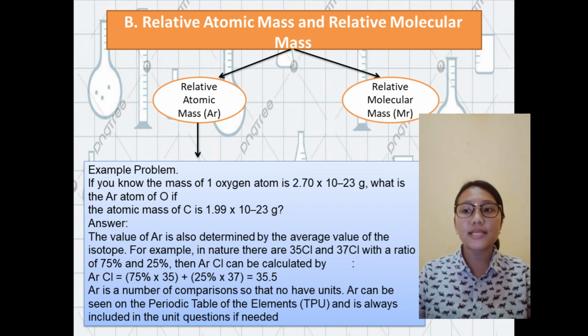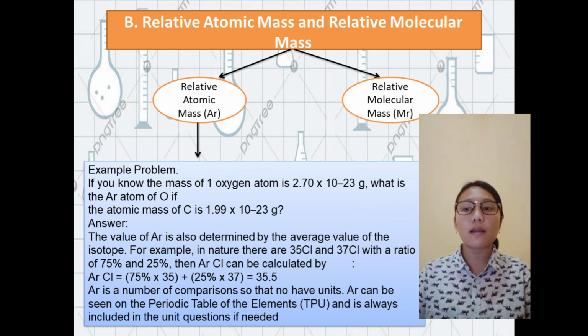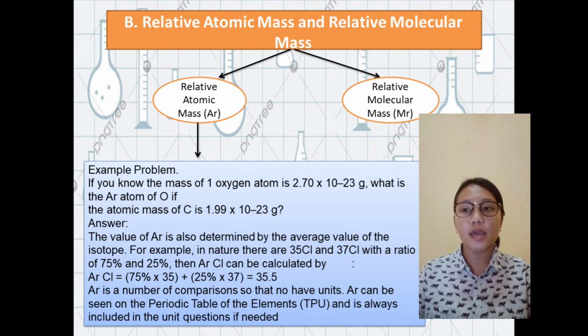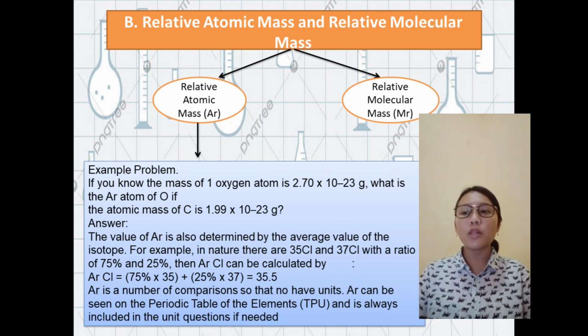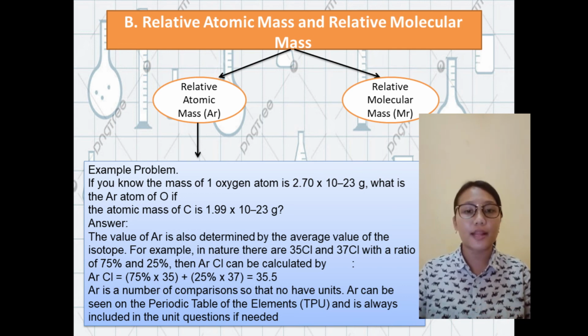Ar can be seen on the periodic table of the elements and is always included in the questions if needed. 2. Relative molecular mass or Mr. Molecules are a combination of several elements with certain ratios.